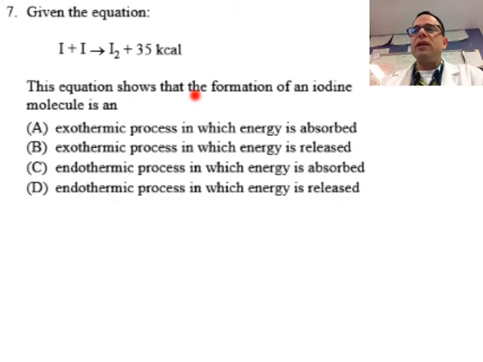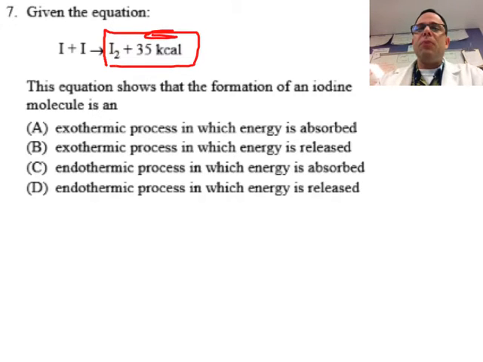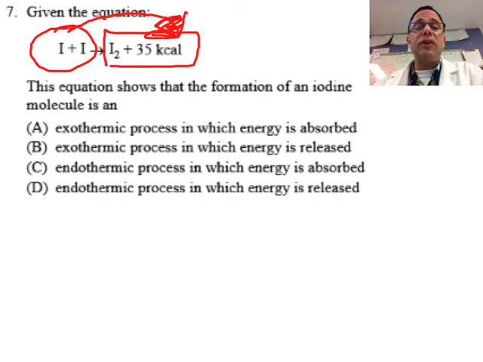This equation shows that the formation of an iodine molecule is what? Now, again, it's on the product side. So this energy right here must have originated from here and is now given off and needs to be represented because we have this thing called the law of conservation of energy. So energy needs to be identified as either being absorbed or released due to a chemical reaction.